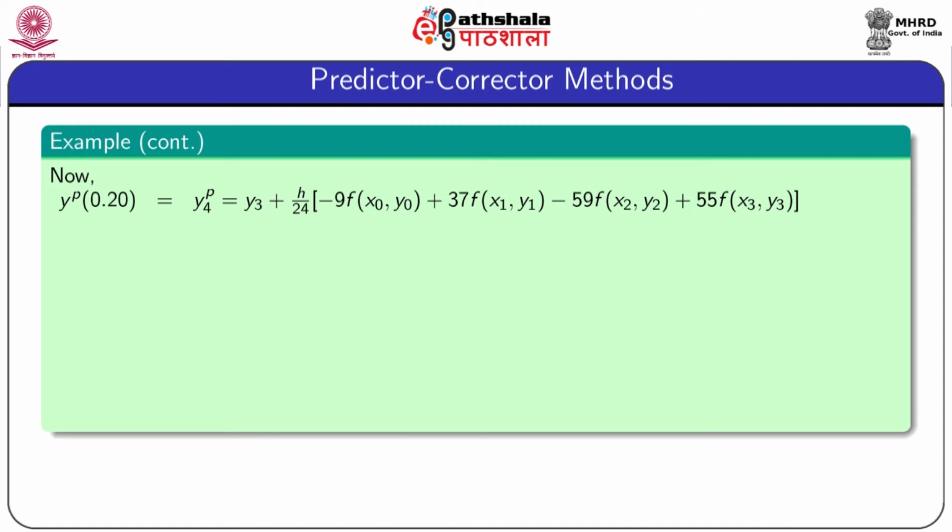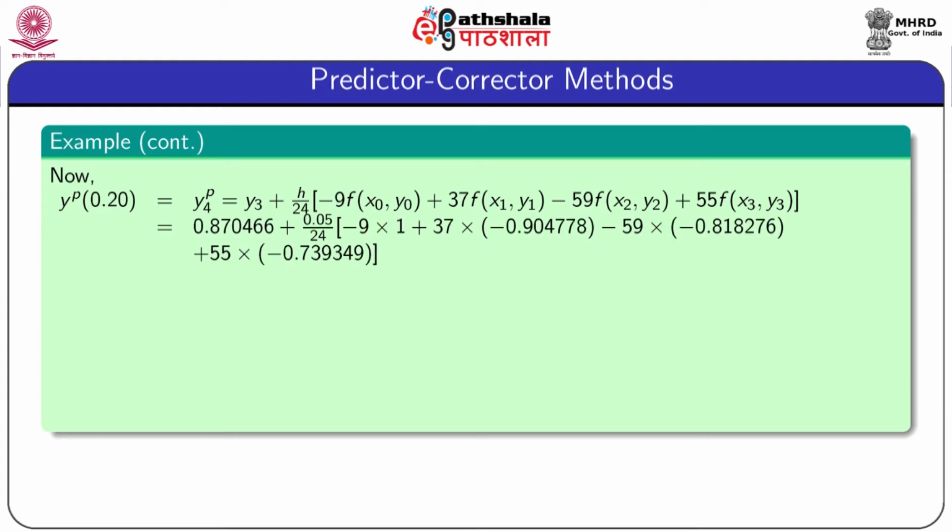Now as per the Adams-Bashforth-Moulton predictor formula, the yp at 0.20 is given by this formula, which is equal to y4p, because y0 to y3 is given. So the predicted value is calculated at x equal to x4, that means yp at 0.20 is nothing but y4p, and the formula is this one.